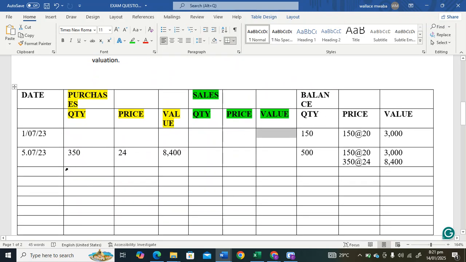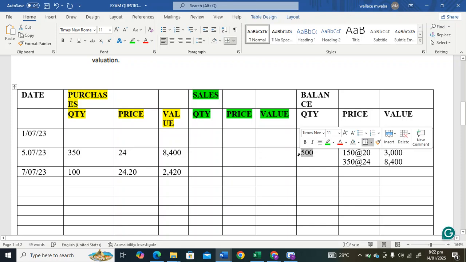So we recorded the date here, 7th, 100 units at 24 kwacha 20 ngwe. 100 times 24 kwacha 20, we get 2,420.